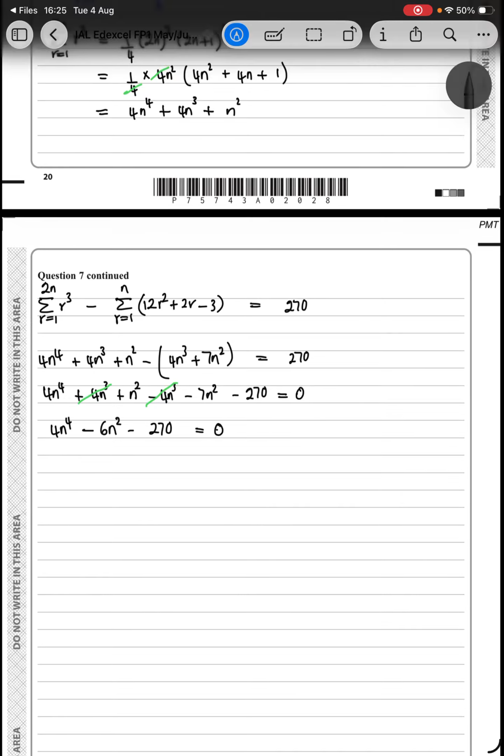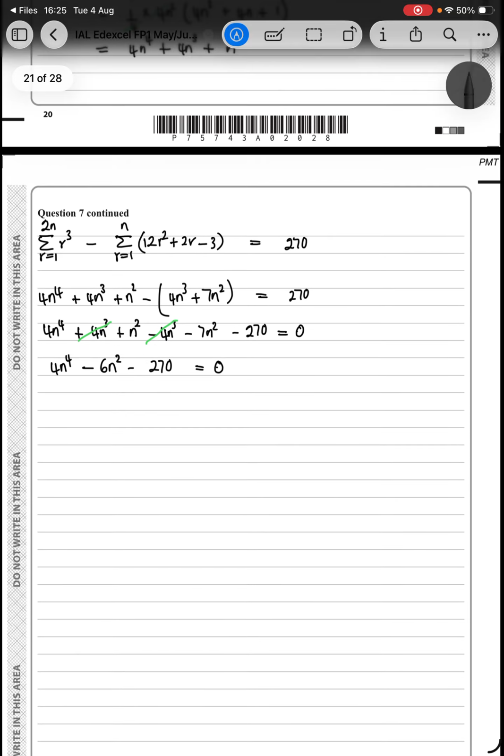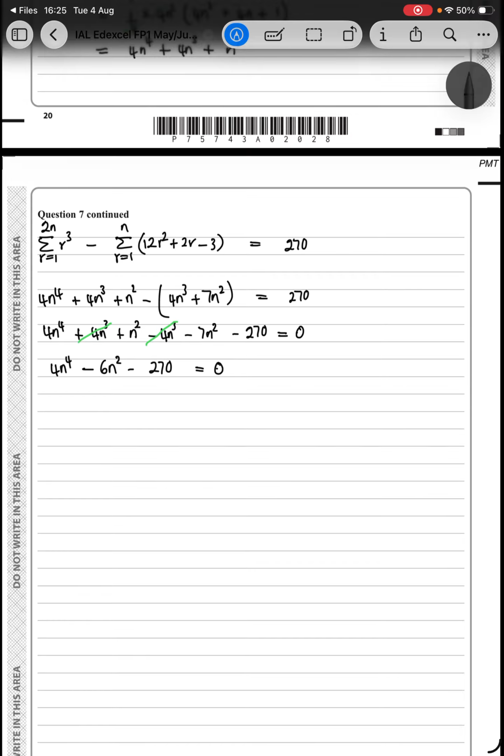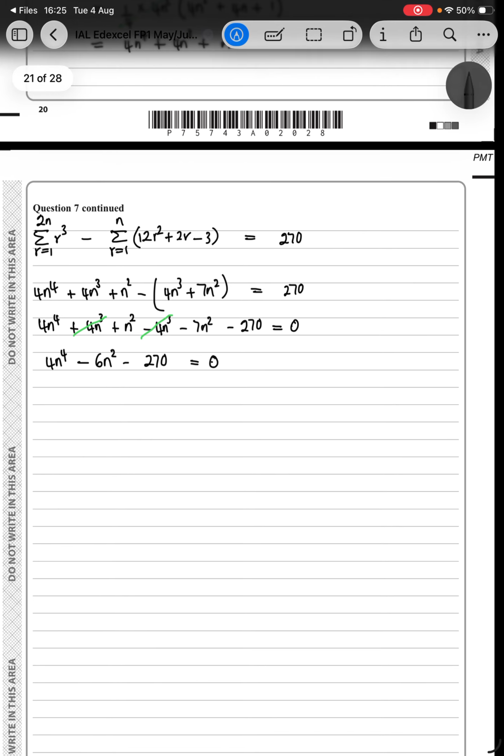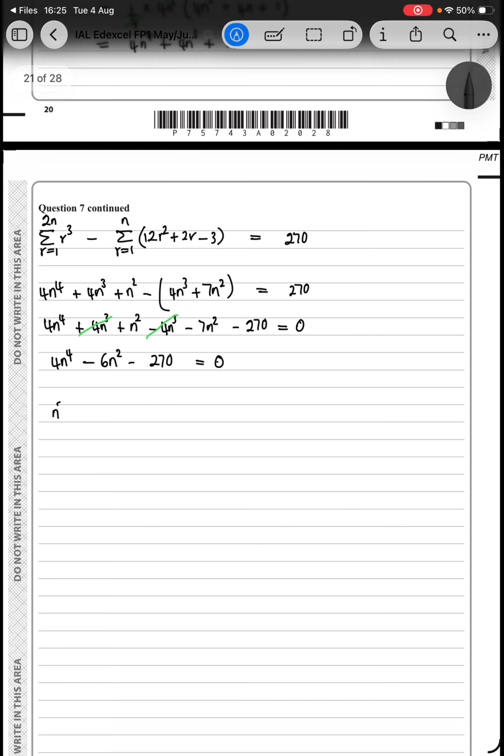So if I use the quadratic formula, usually we would write it as n equals and then the quadratic formula to find the roots, but in this case we're going to have to equate it to n squared.